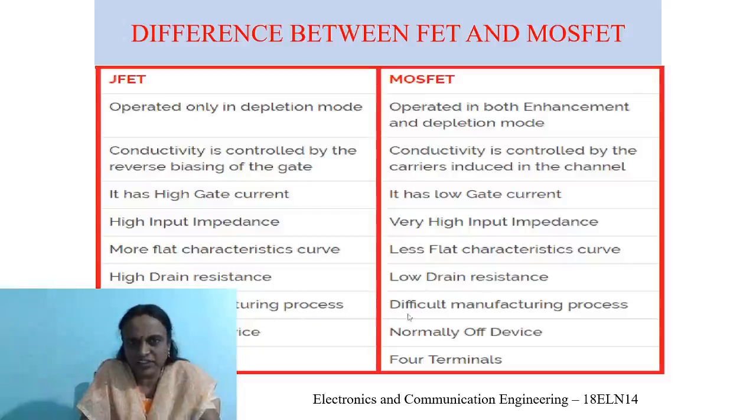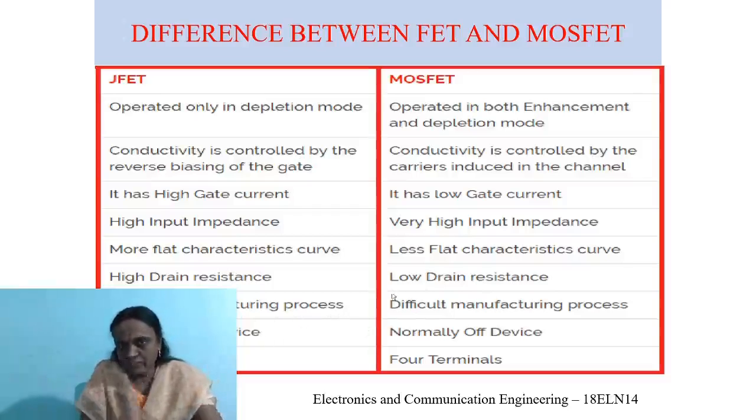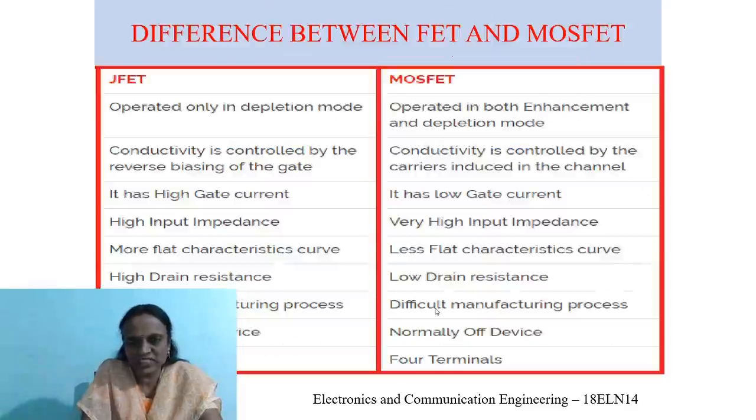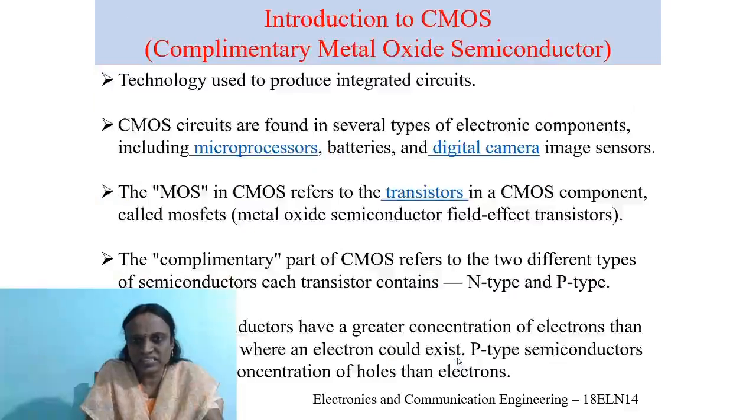JFET is simple in the manufacturing process, whereas MOSFET is difficult in the manufacturing process. JFET is normally an on device, whereas MOSFET is normally an off device. Of course, JFET is a 3-terminal device, whereas MOSFET is a 4-terminal device.